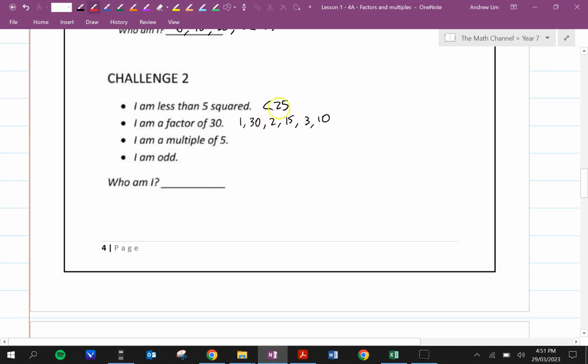So because it's less than 25, this can't be 30. It's a multiple of 5, so the smallest number has to be 5, so it can't be 1, can't be 2, can't be 3. 15 and 10 are both multiples of 5. And it says I am odd, so it's not 10. So the answer is 15.